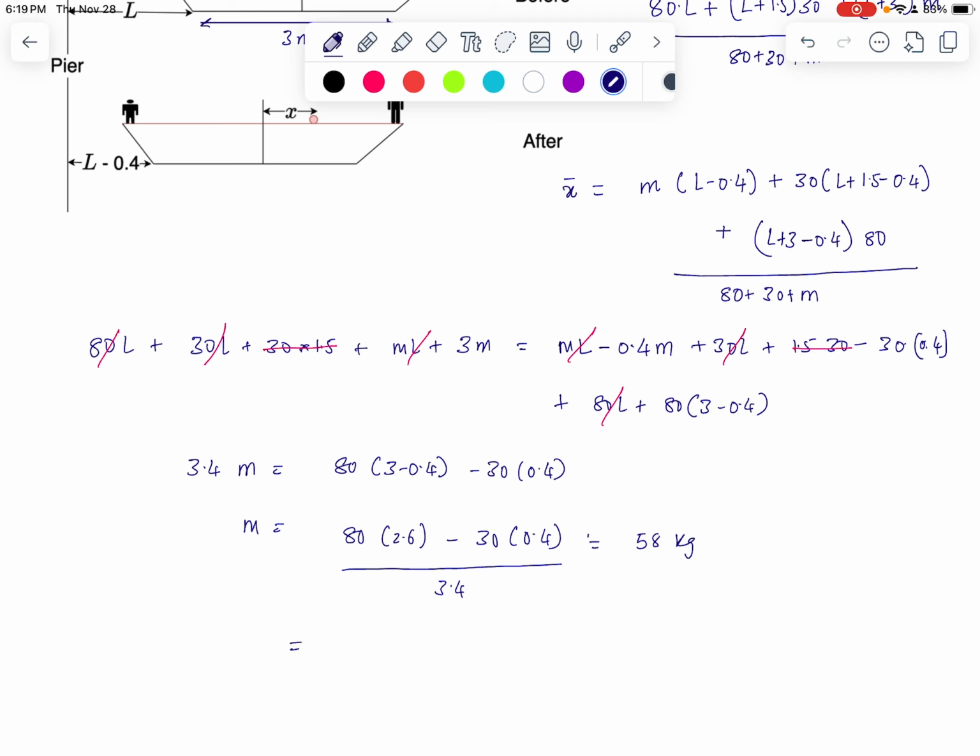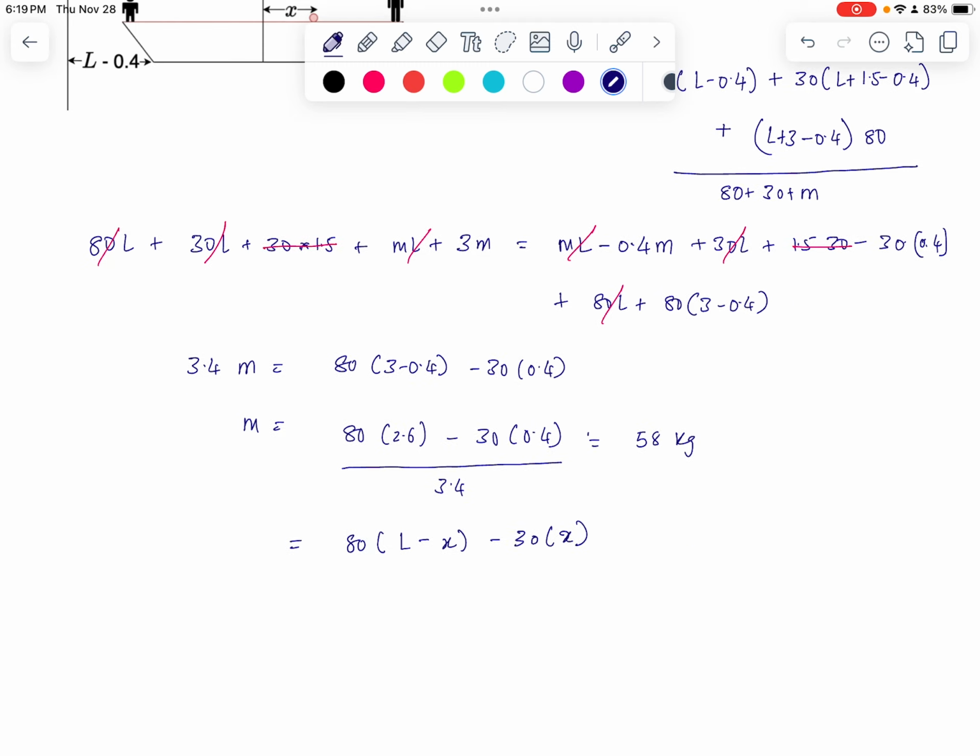Here we can write this as 80 times 3, the length of the boat, minus the distance moved by the boat, minus 30 times the distance moved by the boat, divided by L plus x, where 0.4 is the distance moved by the boat.